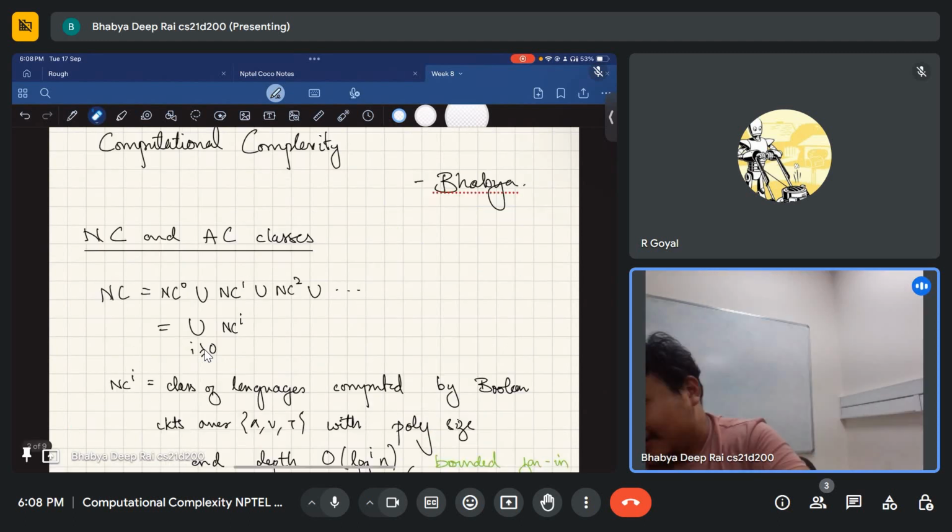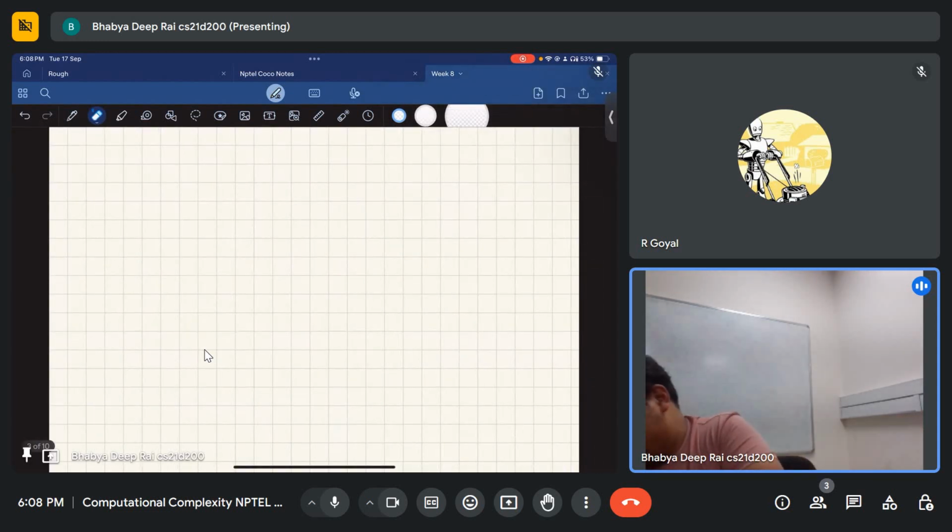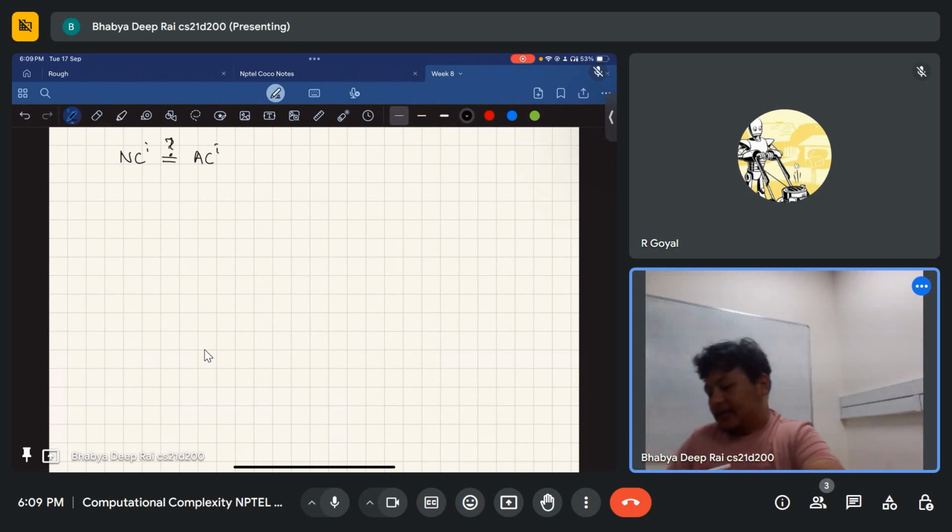Looking at this, can you say what the relationship between NCi and ACi is? Is one contained in the other? That is the question.